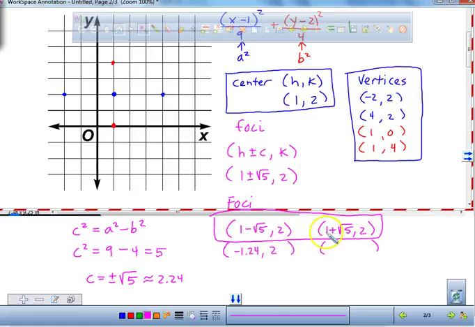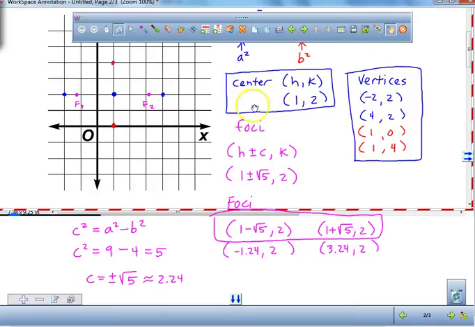And if I do 1 plus 2.24, that's going to be about a 3.24, comma 2. So we're just going to estimate. So negative 1.2 puts me in this general vicinity, and a positive 3.2 puts me in that general vicinity. We can call this focus 1, and we can call that focus 2.